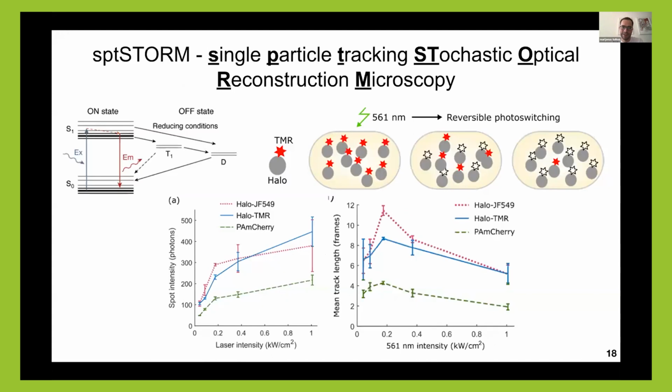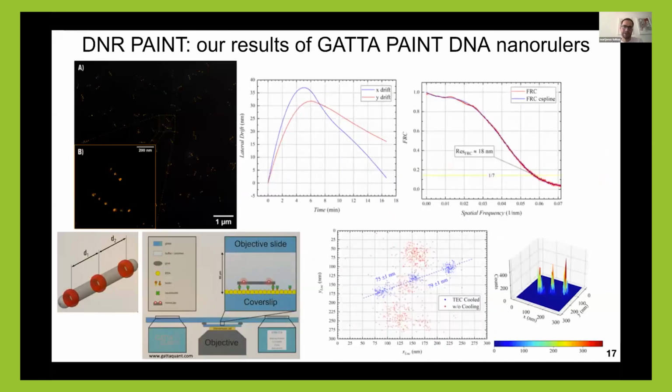I didn't mention that, but I had these curves here that represent the lateral drift of the sample in X and Y in the middle of the top row. And over 20 minutes, we have a drift of around 30 nanometers laterally. And this is a really good result, I think, that we can achieve because of the CNC milled body of our microscope and also the very stable motorized stage that we are using.